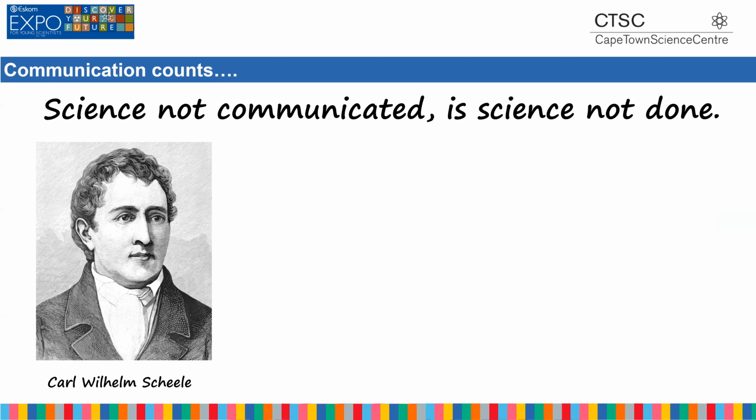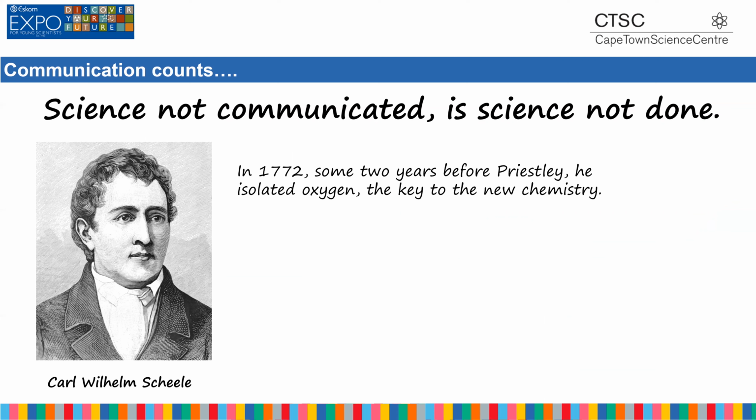I want to introduce to you one of my favorite chemists in history, Carl William Scheele. He was a Swedish chemist, and he actually discovered many chemical elements long before the people that were credited with their discovery, the most famous being oxygen.